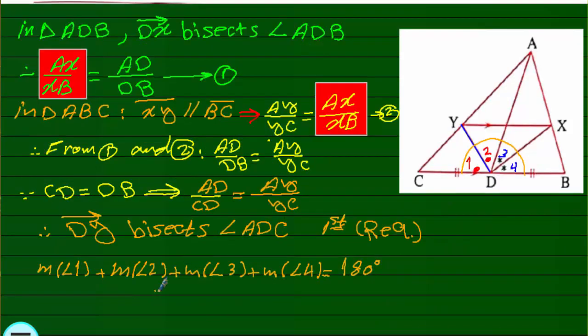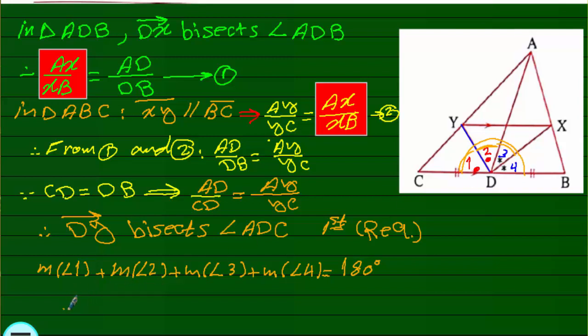Its measure equals 180 degrees. Here we have angle 2 plus angle 3 equals the measure of angle 1 plus measure of angle 4, because 2 equals 1 and 3 equals 4.